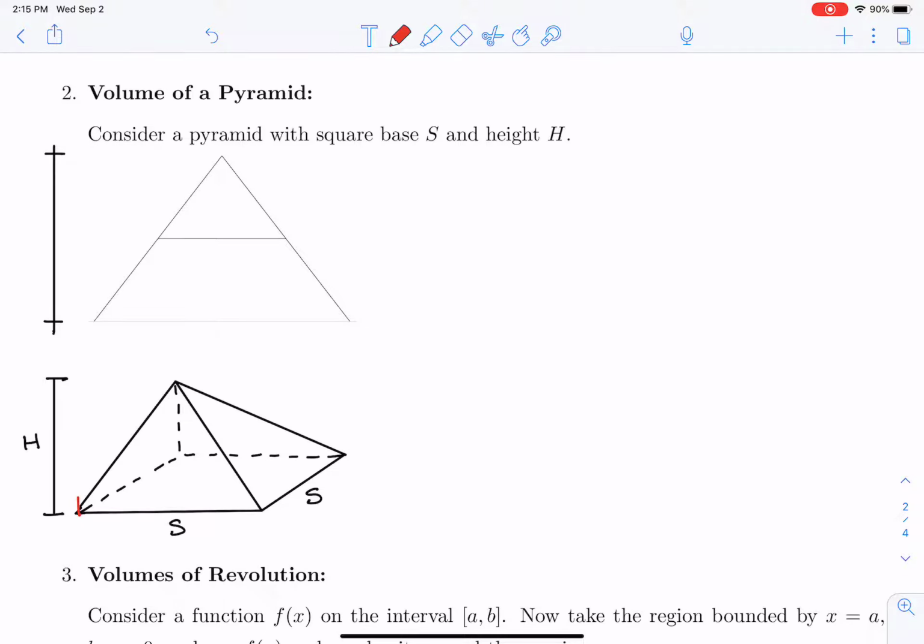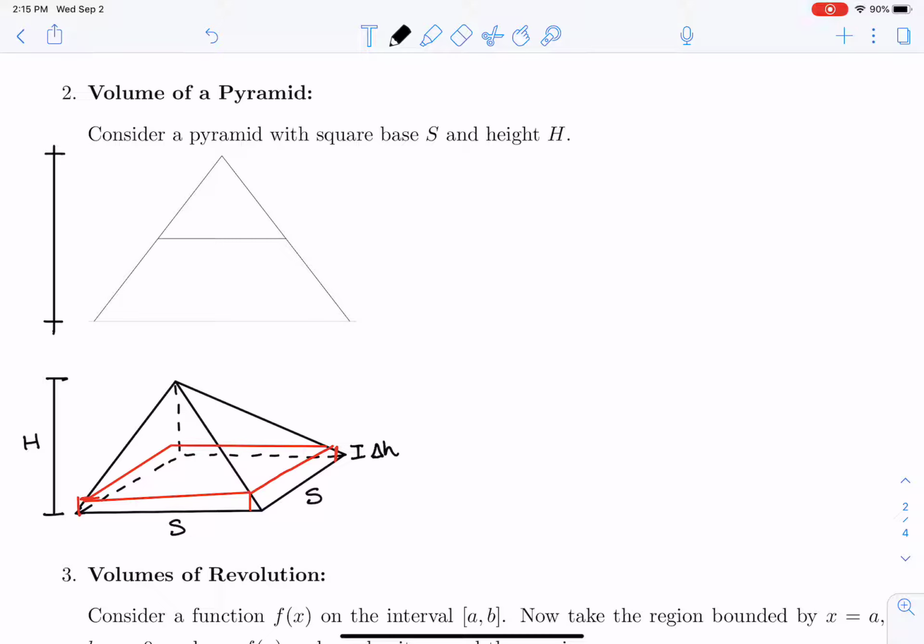Imagining I'm going to slice across this pyramid in this horizontal direction, that's going to give me a thin slab. And that thin slab is going to have a square base because the pyramid has a square base, and then it's going to have some sort of height. We'll call that height delta H.